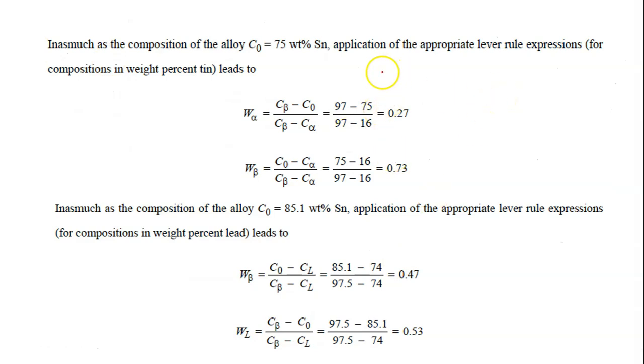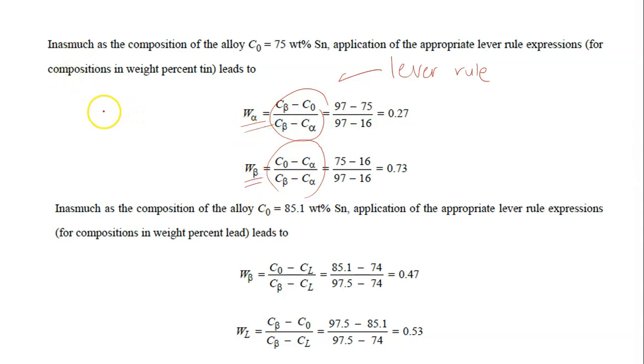So this is where the lever rule takes place. This is the formula of the lever rule I've given you before in previous slides. So you just plug in all the values that you have calculated for your alpha phase and for your beta phase.